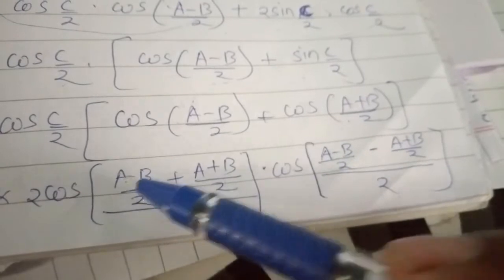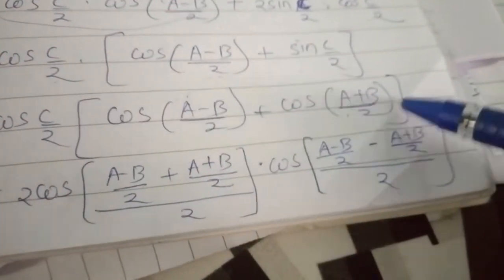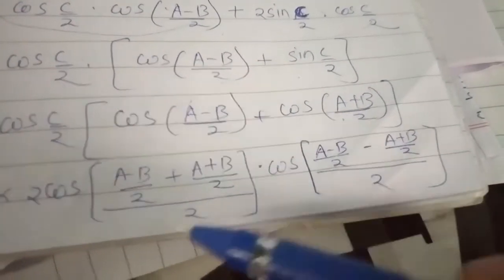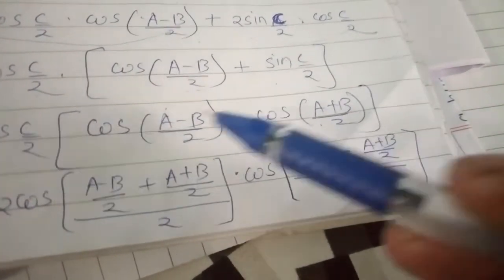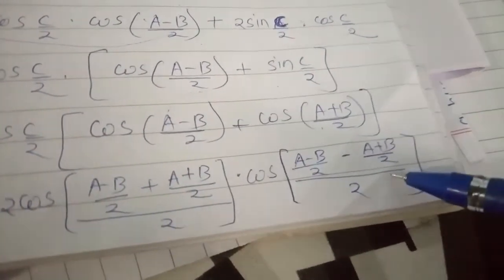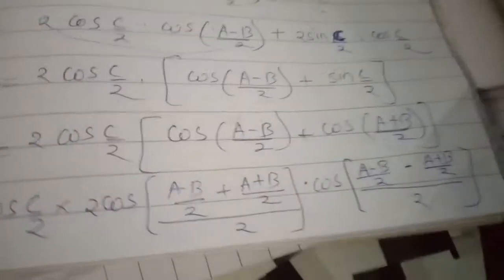So C is (a−b)/2 and D is (a+b)/2, total upon 2, into cos of (a−b)/2 minus (a+b)/2, total divided by 2.